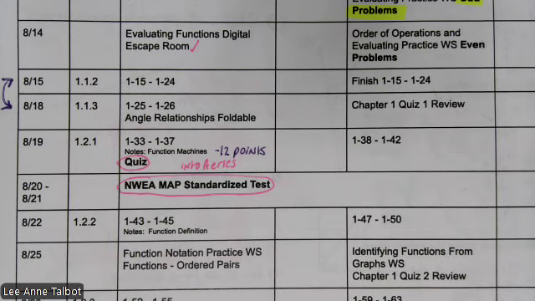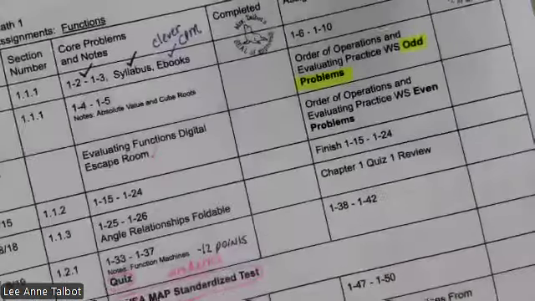Okay. So we're going to do the angle relationships foldable today, and we're going to do some tile pattern stuff. 25 and 26 is actually in your packet. It's a resource page, and you'll be able to spot it real easy. It's tile patterns.